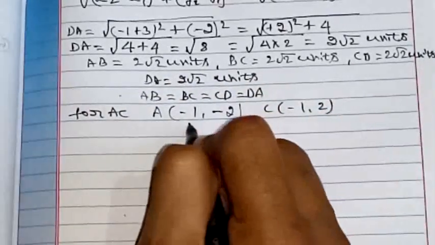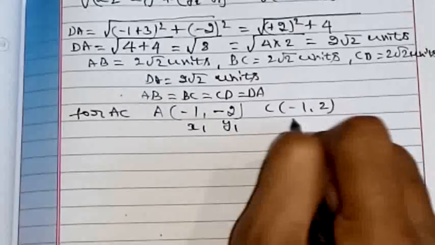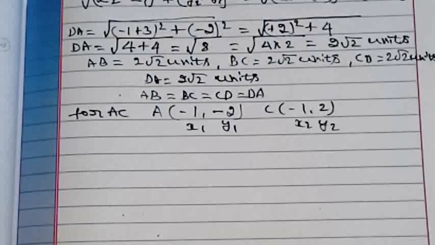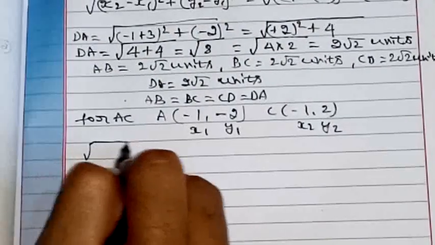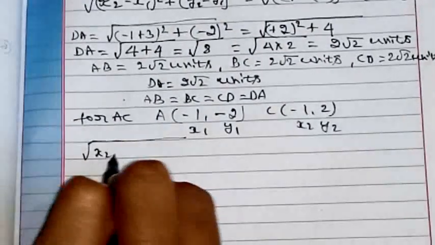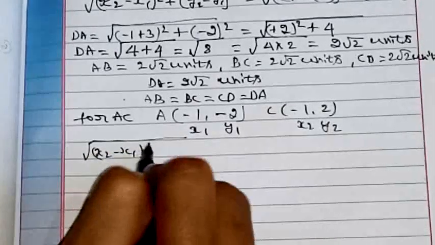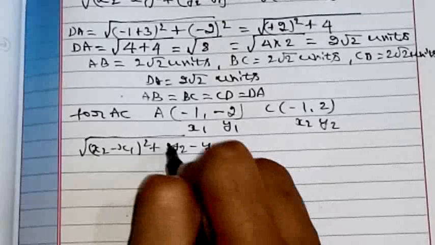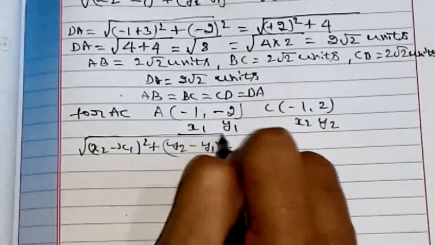As usual, write this one as x1 y1 and this one as x2 y2. Now apply the distance formula. So what is the distance formula? Square root of x2 minus x1 whole square plus y2 minus y1 whole square, right?